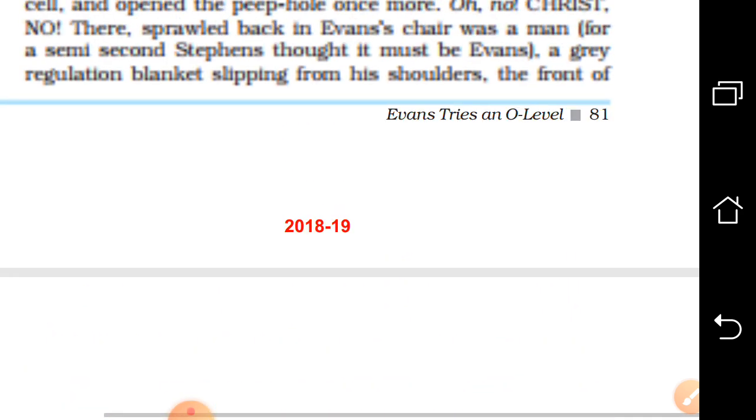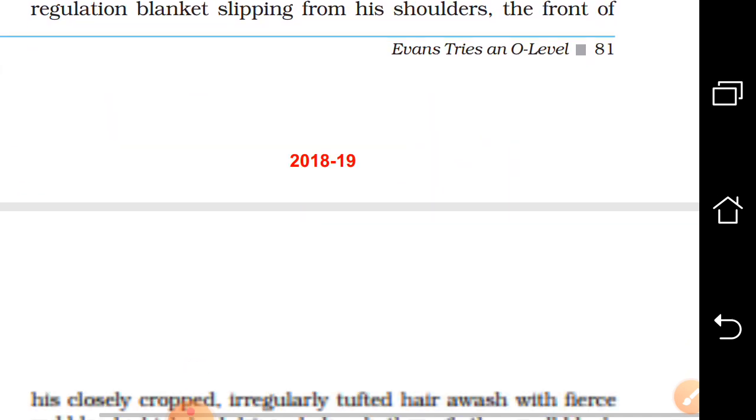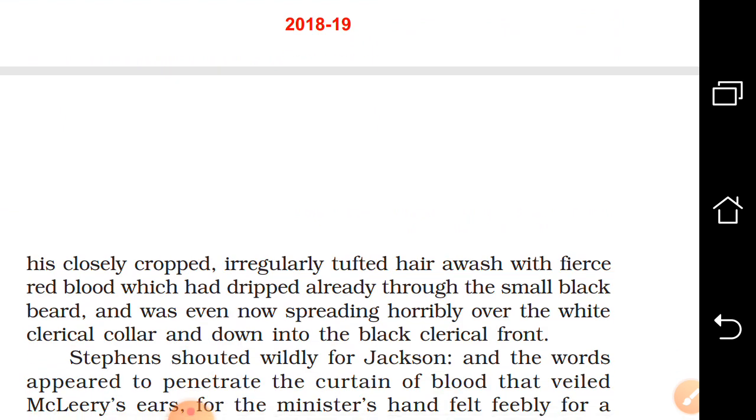So on entering, he could not see Evans there, whereas there was a man just like McClary, a grey regulation blanket slipping from his shoulder, the front of his closely cropped, irregularly tufted hair awash with fierce red blood dripping through the small black beard and spreading horribly over the clerical collar.